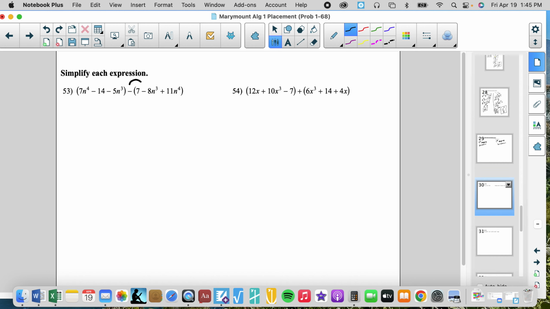So we have to distribute out this negative to all 3. I see way too many students only distributing it to the 1st term. You got to do all 3. And in the process, I'm going to put it in standard form so I can see my terms.